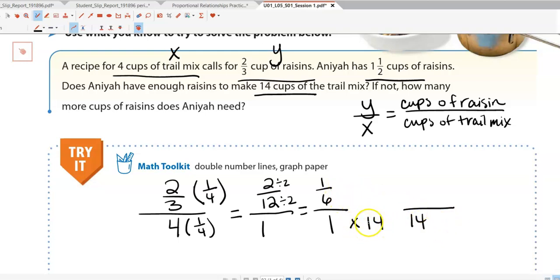And what we do on the bottom, we do to the top. 1 times 14 is 14. 6 times 1 is 6. So we have 14/6, and we can further reduce that, if we divide it by 2, that gives us 7/3.